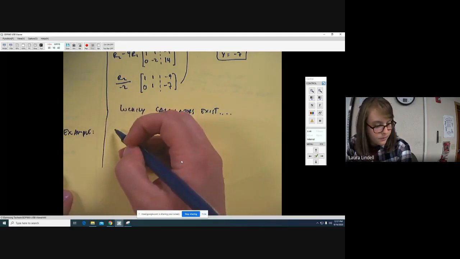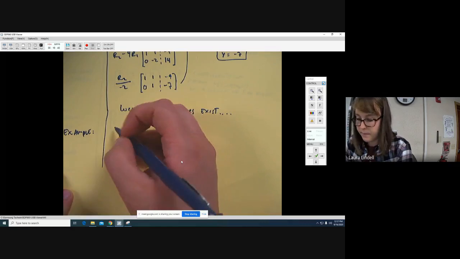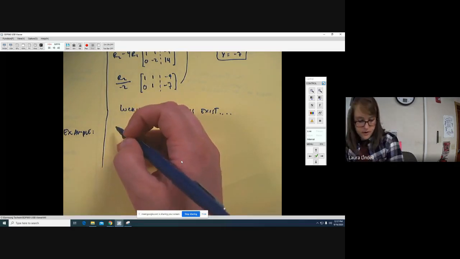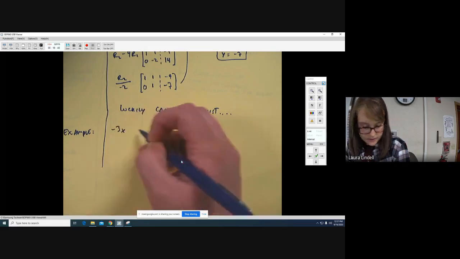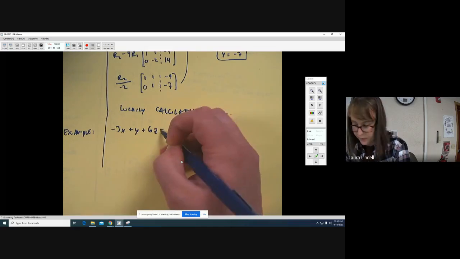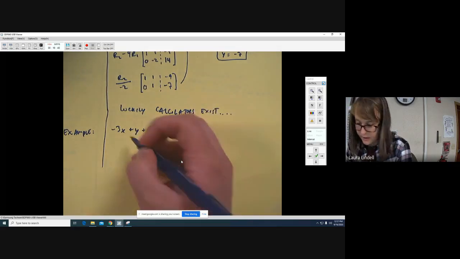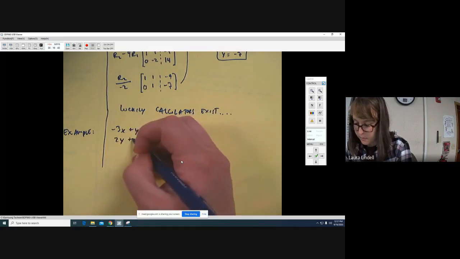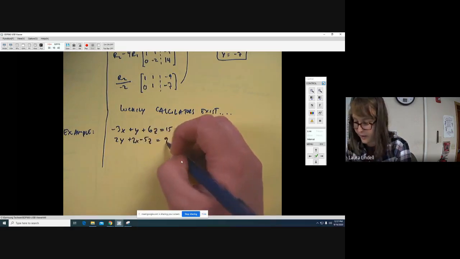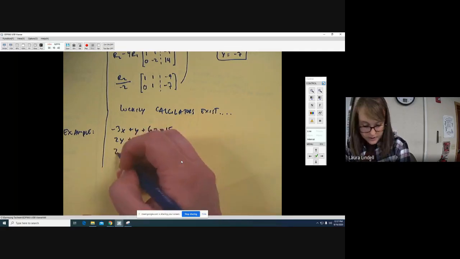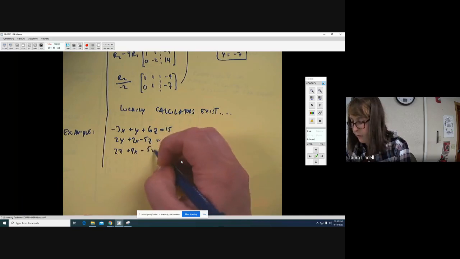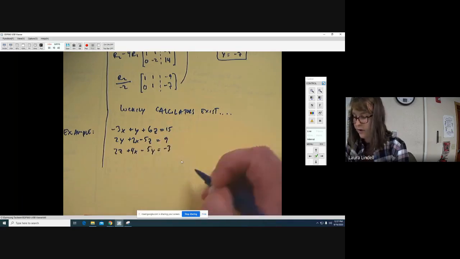We are going to do, first of all, negative 3x plus y plus 6z equals 15. 2y plus 2x minus 5z equals 9. And 2z plus 4x minus 5y equals negative 3.